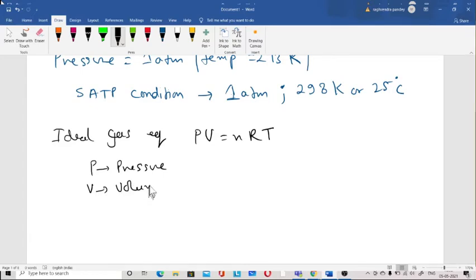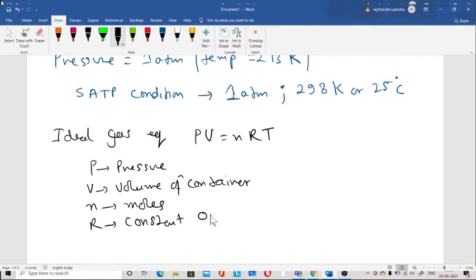V is the volume of the container, not the gas. Okay, remember. N is the number of moles. R is a constant value. Its value is 0.082 or approximately equal to 1 by 12. T is the temperature.